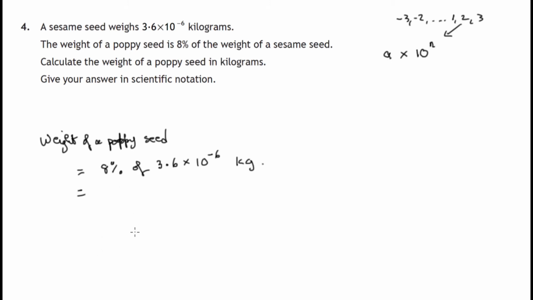Now, what is 8%? Well, we know it's 8 hundredths. As a decimal, it's 0.08. So that's 0.08 times 3.6 times 10 to the minus 6 kilograms. So that's basically the calculation we must do. So let's proceed with this calculation.